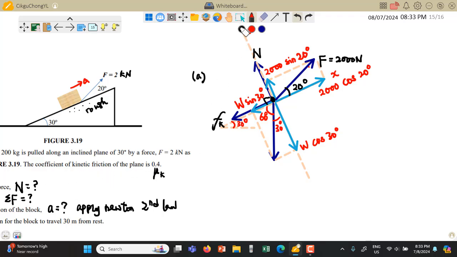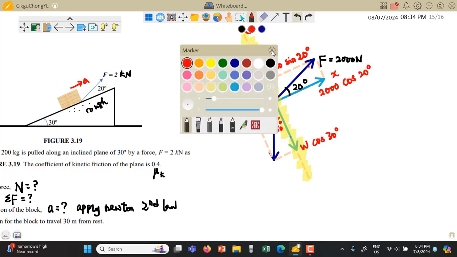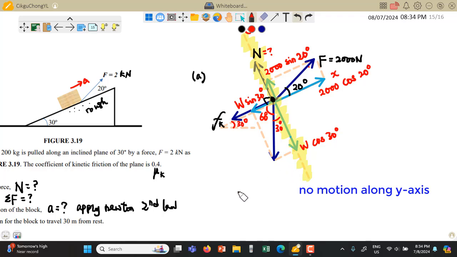Then class, for the first question, we want to determine the normal force. The normal force is acting along the y-axis, so focus on all the components of forces along the y-axis. We write out the Newton equation, but for the y-axis, there will be no motion.